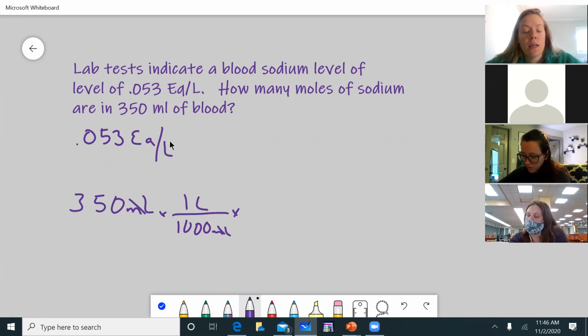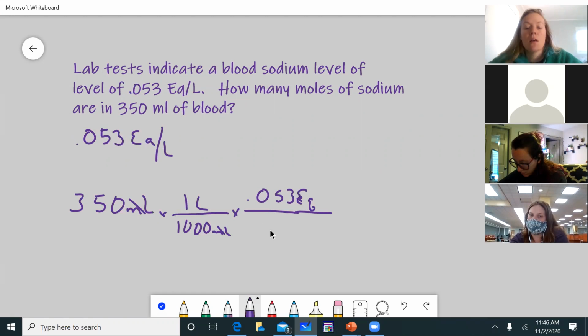Now what I can do is relate liters to how many equivalents I have. So 0.053 equivalents, that capital E, for every 1 liter of blood. So the liter cancels, the milliliters cancel. Now we're talking about sodium.